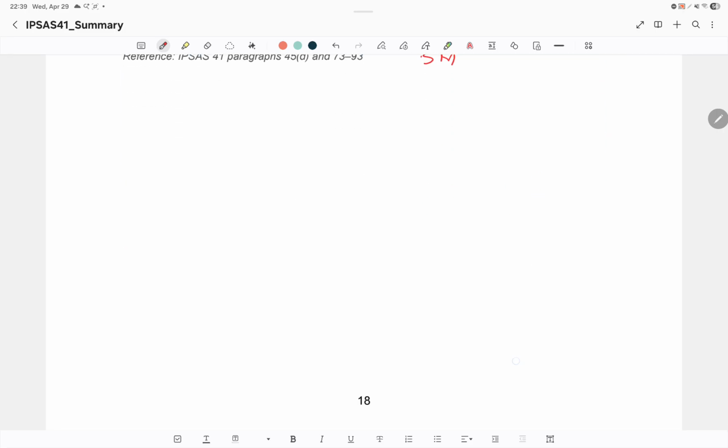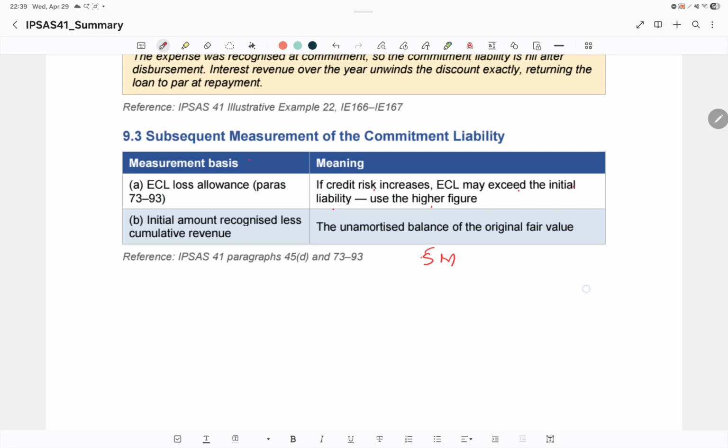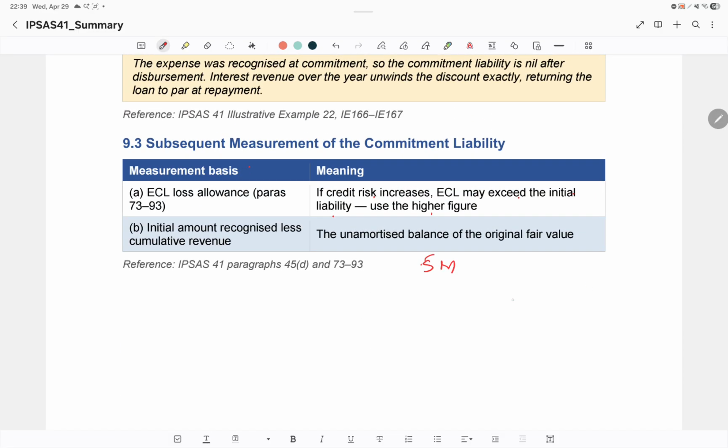Okay, we'll check this one. Think financial guarantees. Initial amount recognized less cumulative revenue.